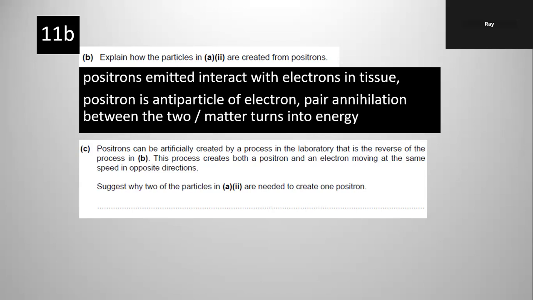A positron can be artificially created by a process in the laboratory. That is the reverse of the process in B. The process creates both a positron and an electron moving at the same speed in opposite directions. Suggest why two of the particles in part 2 are needed to create one positron.